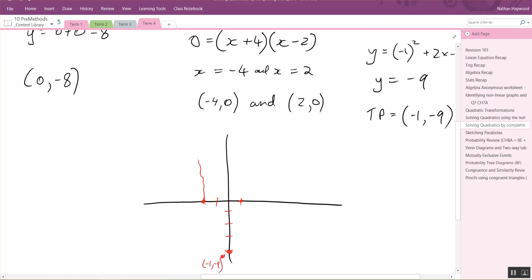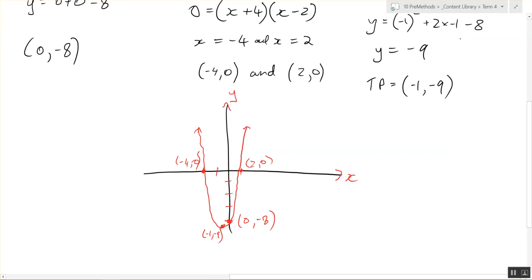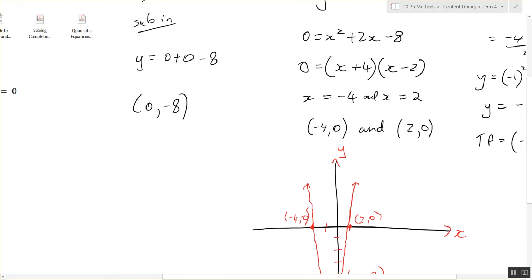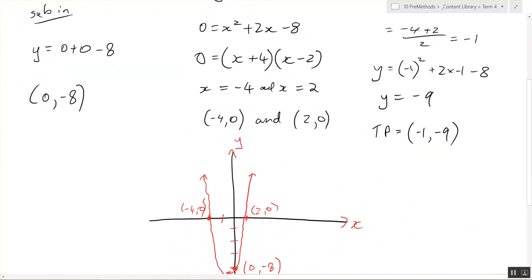So then we draw the sketch. Don't forget to label the axes. It's good to label the points as well. Helpful for you guys as we move on to the next.